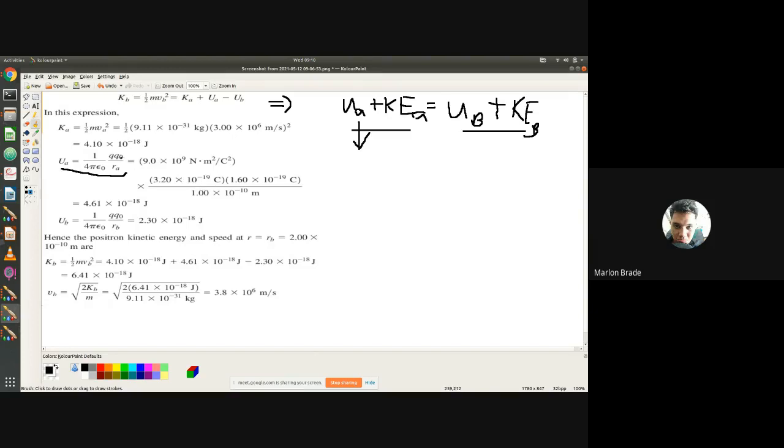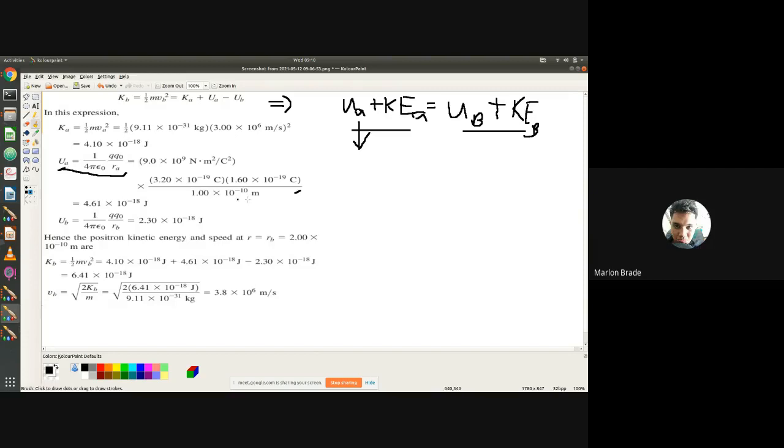The test charge is the positron, which is 1.60 times 10 to the negative 19 coulomb, divided by R_A, the initial distance, 1.00 times 10 to the negative 10 meters. If we calculate this, the initial potential energy of the positron is 4.61 times 10 to the negative 18 joules.